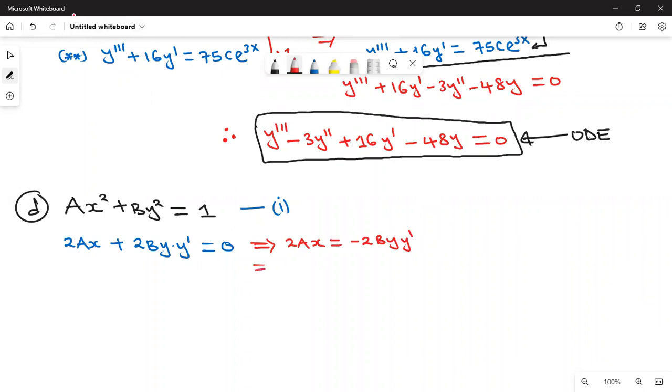If I make a over b the subject, remember the 2 will cancel, so that a over b is equal to negative y prime over x. That's what we have. So this is equation 2.